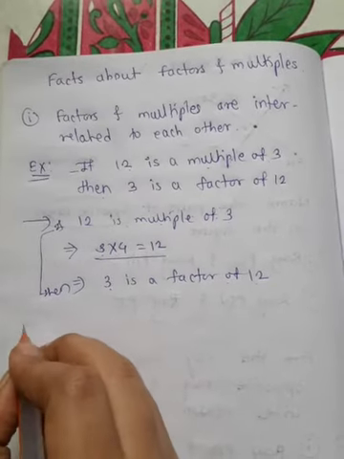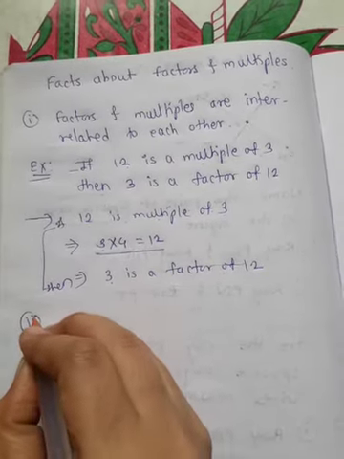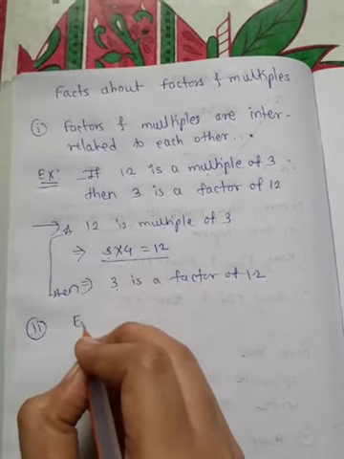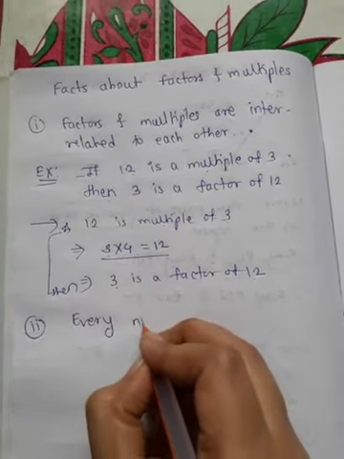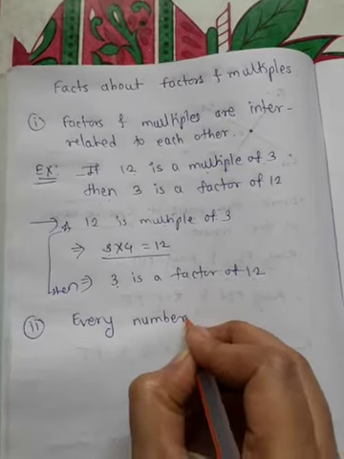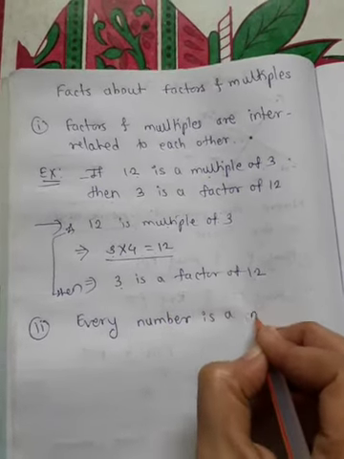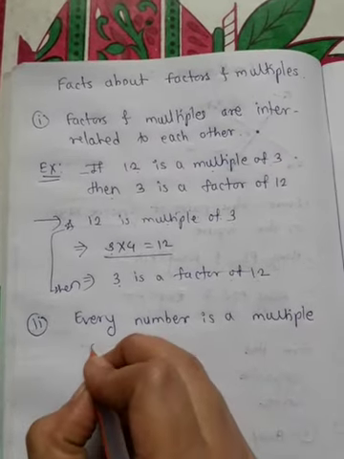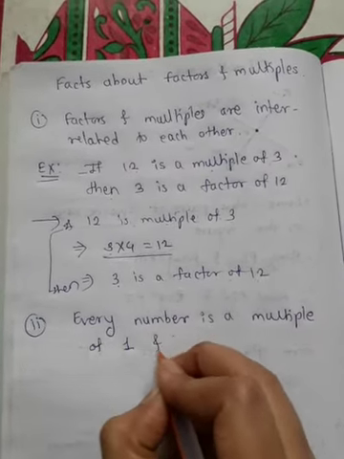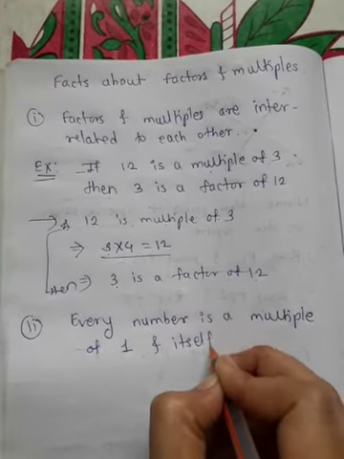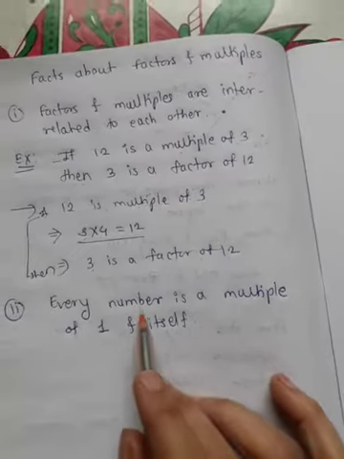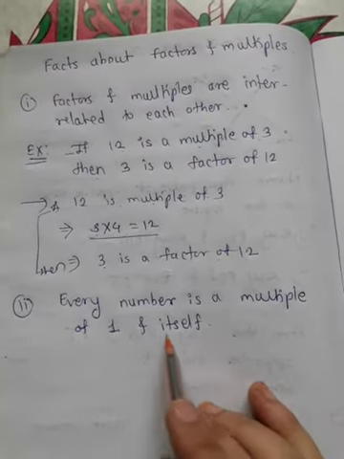Now the second property is that every number is a multiple of 1 and itself.